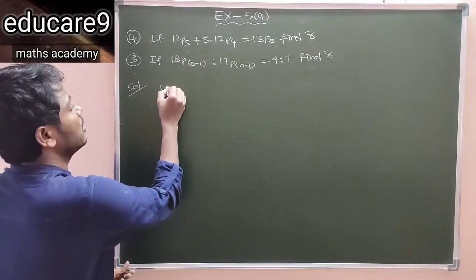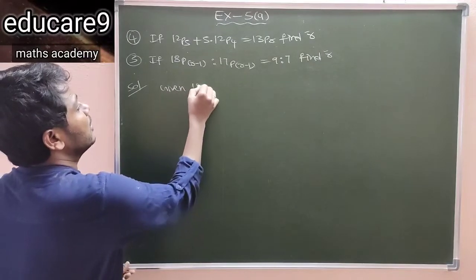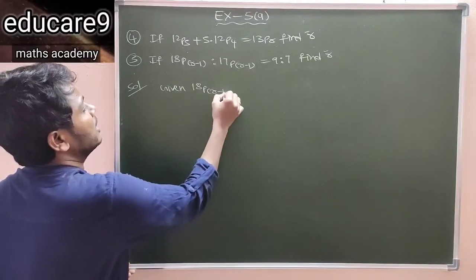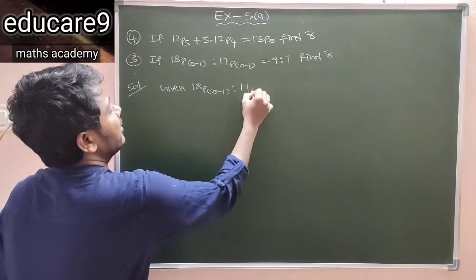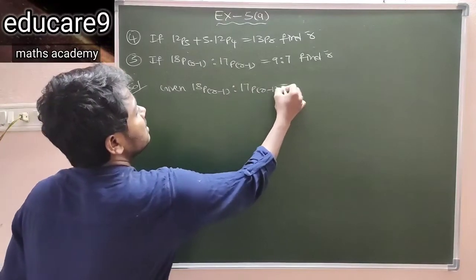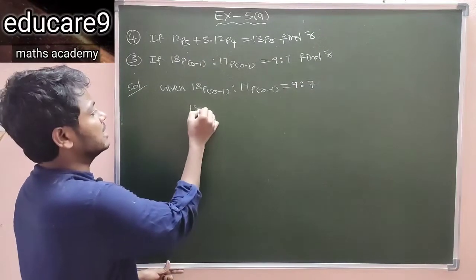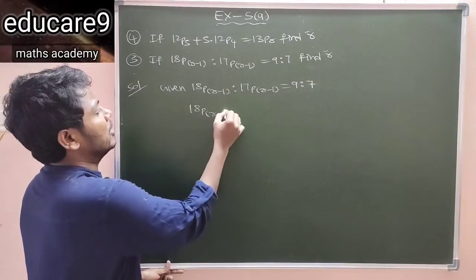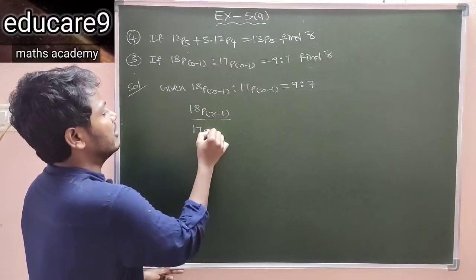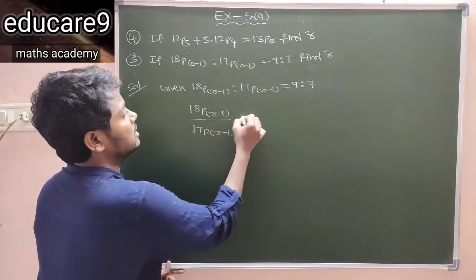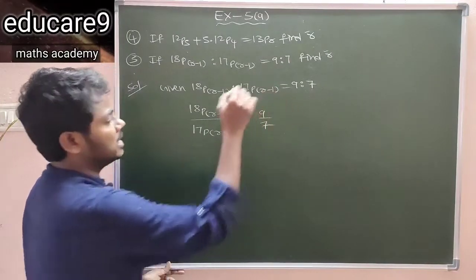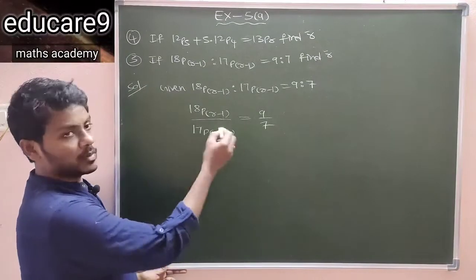See here, given 18P(r-1) is to 17P(r-1) is equal to 9 is to 7. Here this can be written as 18P(r-1) divided by 17P(r-1) equals 9 by 7. Now cross multiplication.